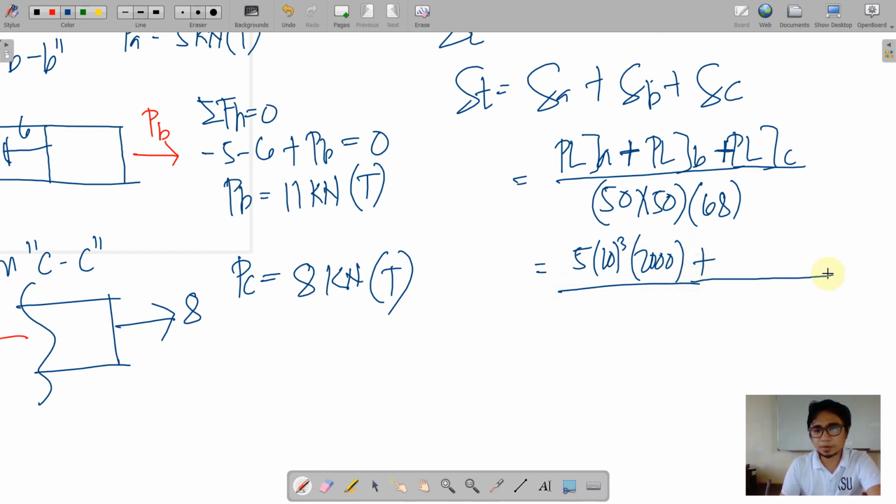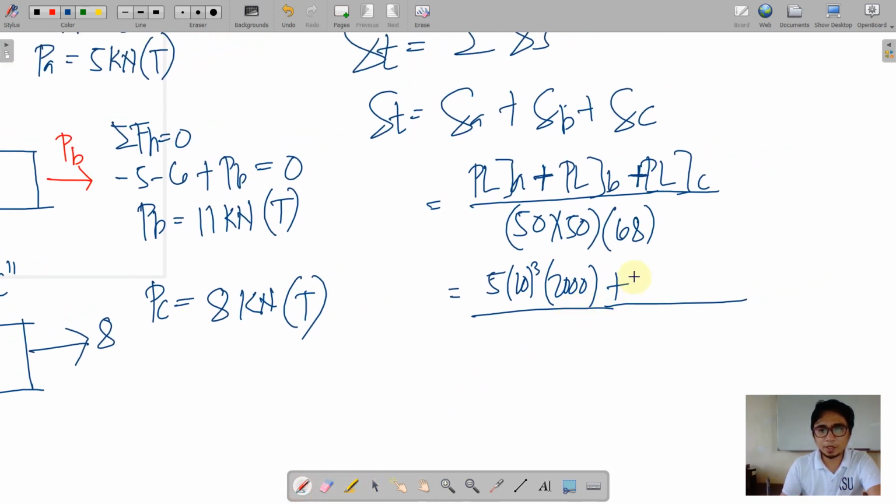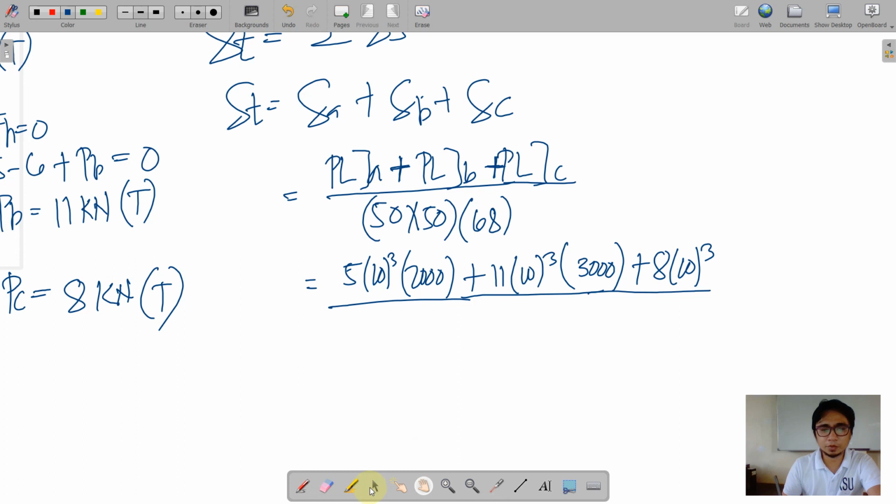plus 11,000 or 11 times 1000 times the length, which is 3000, plus 8 times 1000 multiplied by the length, which is 1500, all over 50 by 50 by 68,000.